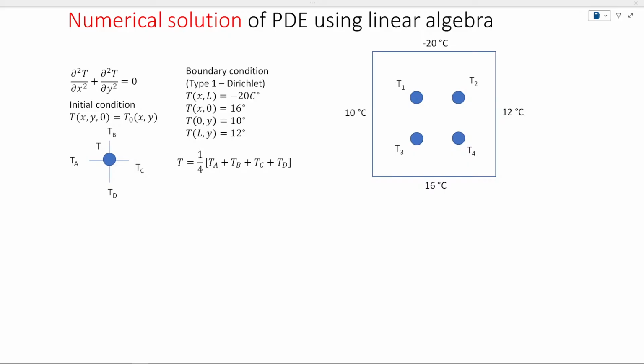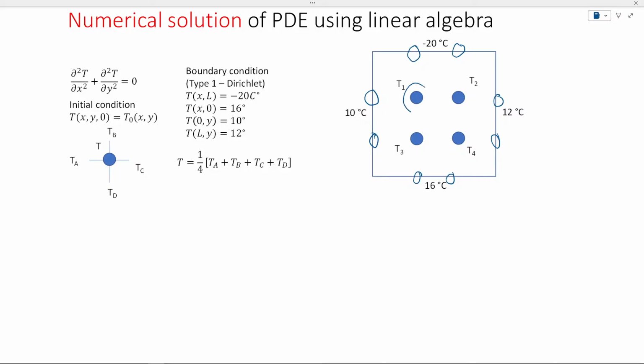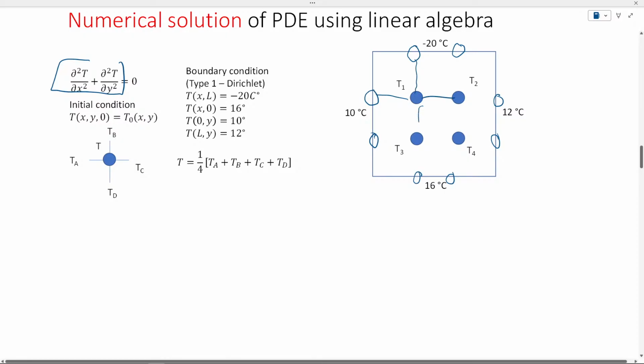You can just visualize it like this: here, here, and here. So what is the temperature here? You can assume that the temperature here is the average of this one and this one.